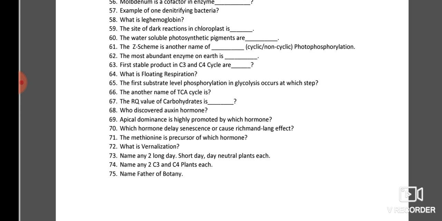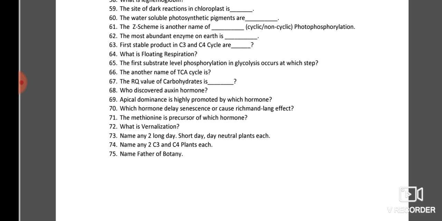This kind of generation of ATP is called phosphorylation. This ATP is produced from the substrate, that's why it is called substrate level phosphorylation. So the step is 1,3-PGA to 3-PGA. When 1,3-PGA becomes 3-PGA, the first substrate level phosphorylation happens.